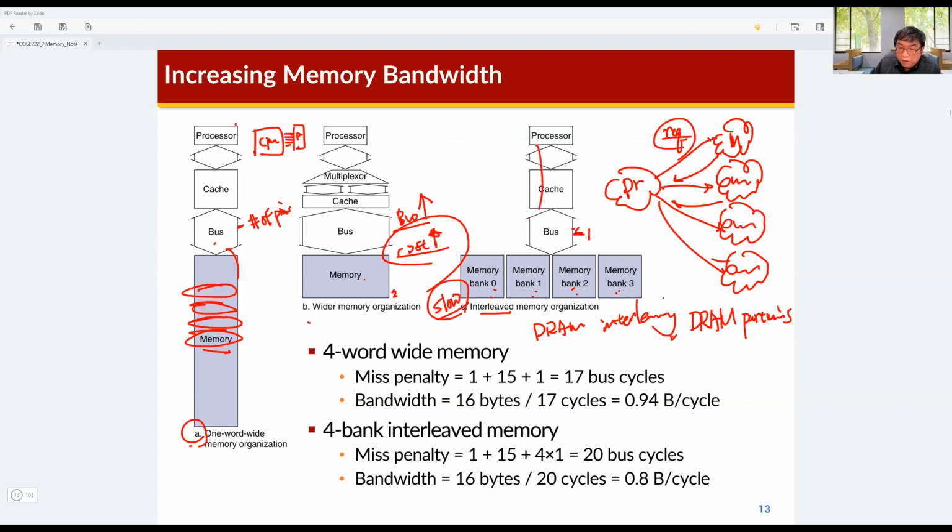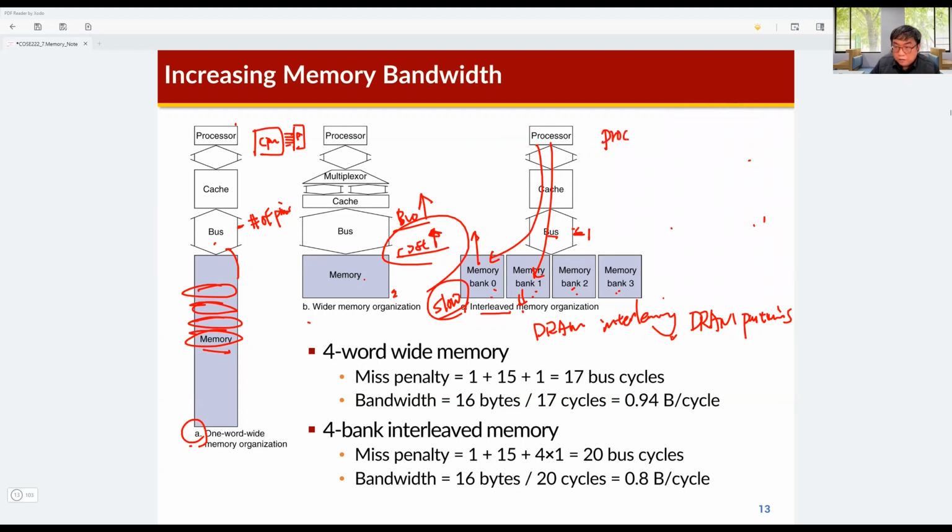If a command is given to one of the partitions of this DRAM memory, then this partition will service the data after a very long time. During this time the bus is not used, and the processor can give another command, another request, to the other partitions. It's like this.